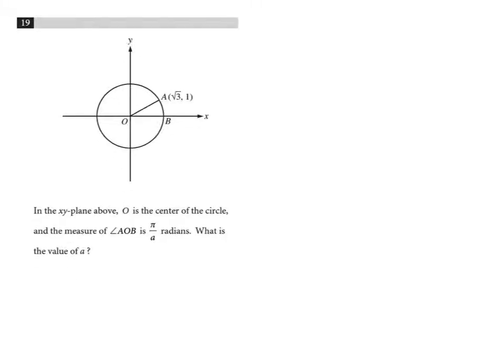Okay, 19. In the xy plane above, O is the center of the circle, and the measure of AOB is pi on A radians. What is the value of A? Okay, so what they're telling us is that this angle right here, AOB, is pi on A radians.